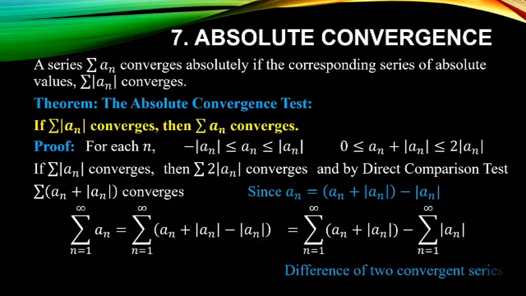That is actually the difference of two convergent series. Since the series of the absolute value of a sub n is convergent, and the sum of a sub n and the absolute value of a sub n is also convergent, this one is also convergent. Therefore, the series of a sub n without the absolute value is also convergent.